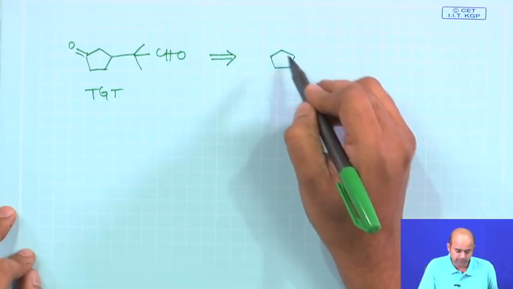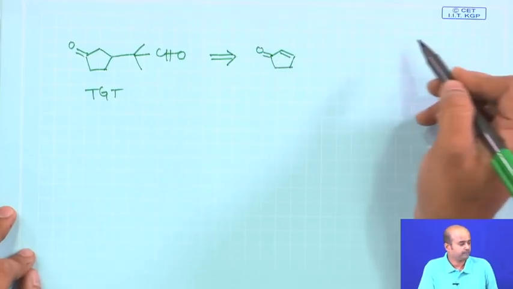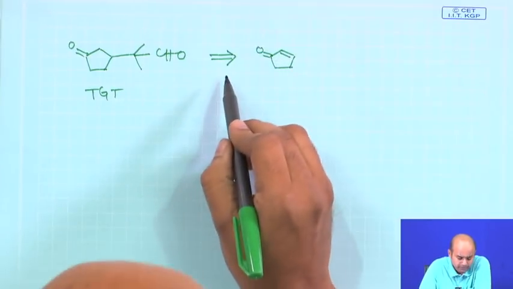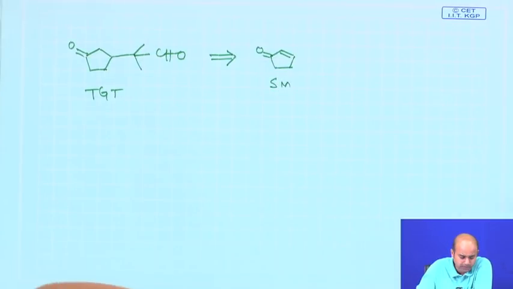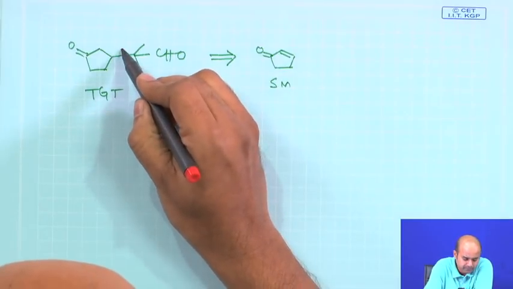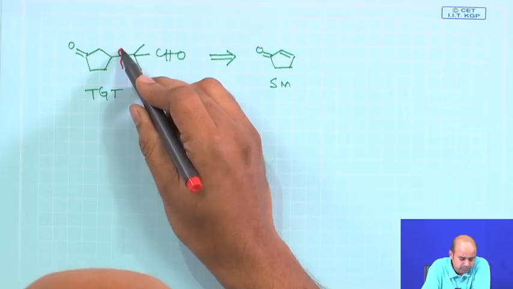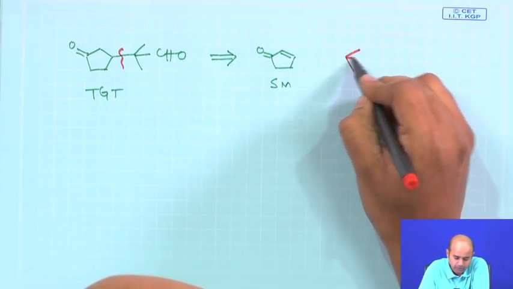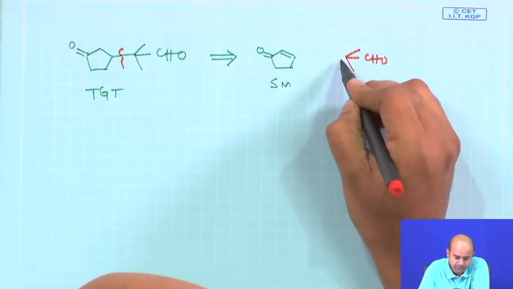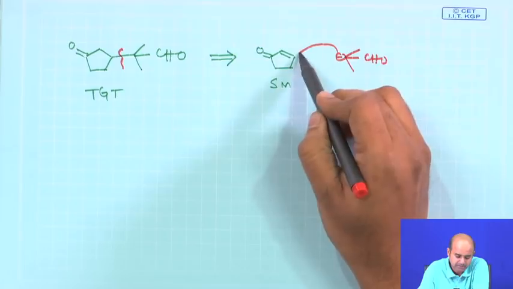I said this compound needs to be prepared from a cyclopentenone. Now, if you do a very standard disconnection, you will see, okay, let us put a break here, and then if you have access to something like this kind of anion, it will attack in a Michael fashion.